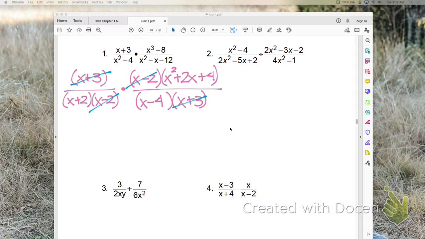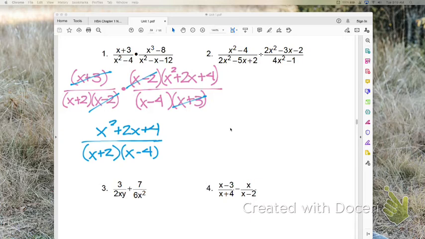It doesn't. Okay? This means that I am left with that x squared plus 2x plus 4 on the top. I am left with x plus 2 and x minus 4 on the bottom. Everyone always asks the question, should I FOIL that back together? I don't care. Don't waste your time, okay? I wouldn't.